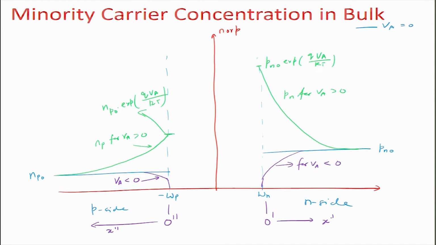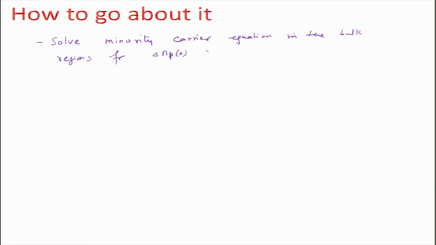So how do we go about it? Well, first we need to solve the minority carrier equation in the bulk regions for delta Np(x) and for delta Pn(x), both of these, and then apply boundary conditions, because these are differential equations.